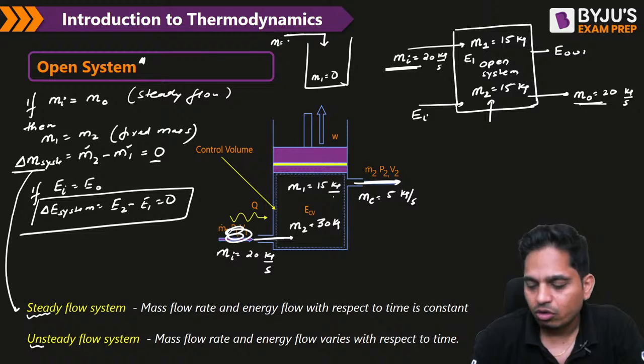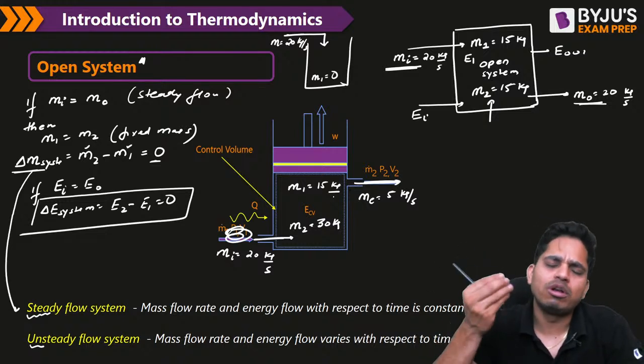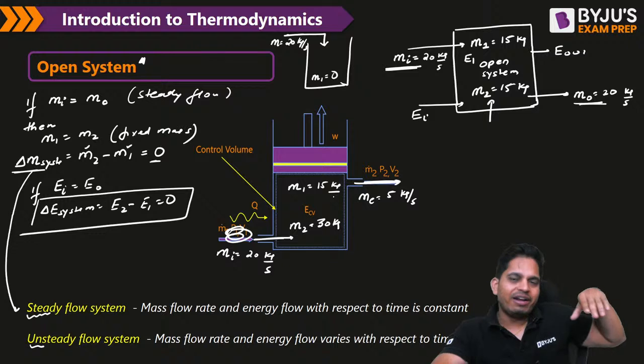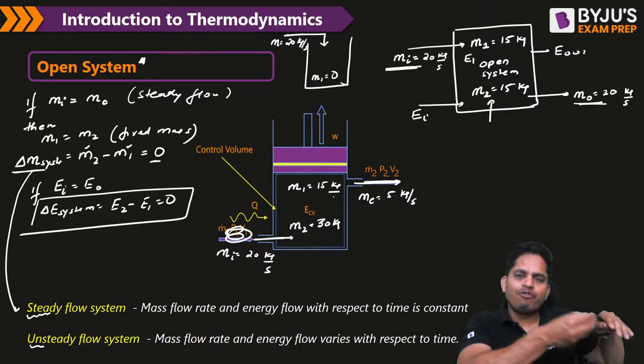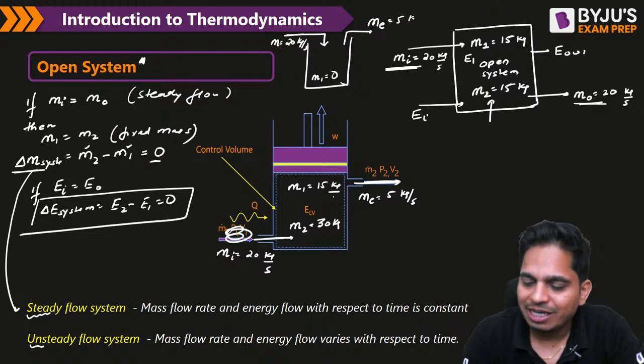Let us say 20 kg per second mass is coming. And let us say you are also taking some out, a little less. When you are filling the bucket, you don't take much out, right? Once in a while you will only take one mug out or something. So what you are taking out is 5 kg per second.